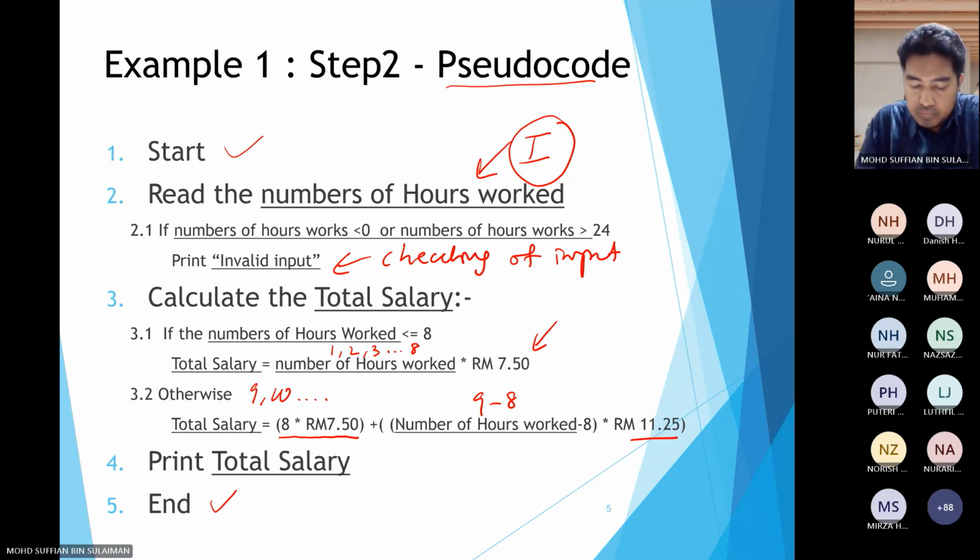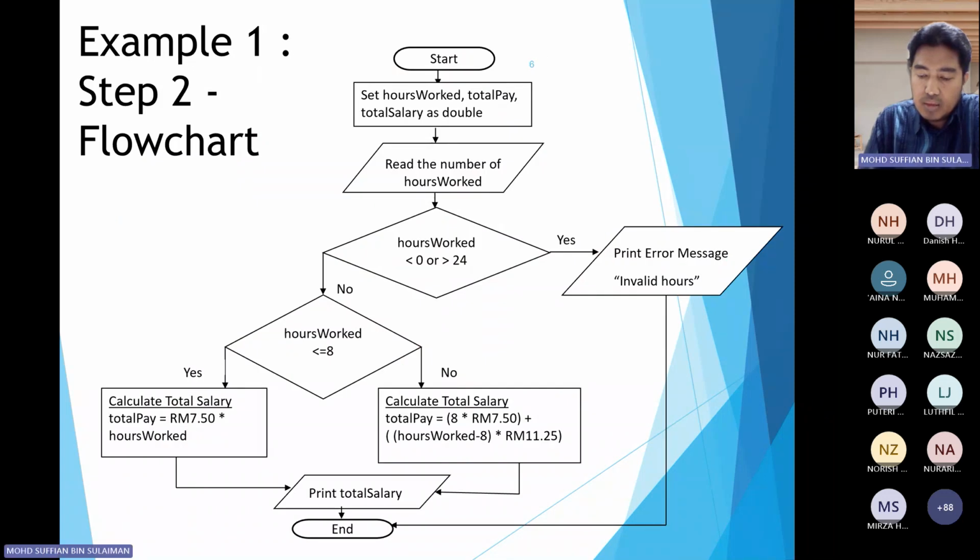Then we need to total up the total salary, meaning that we will call this a variable. So either one, either one that fulfills the selection concept, if. Okay, so this is the pseudocode and then this is the flowchart.